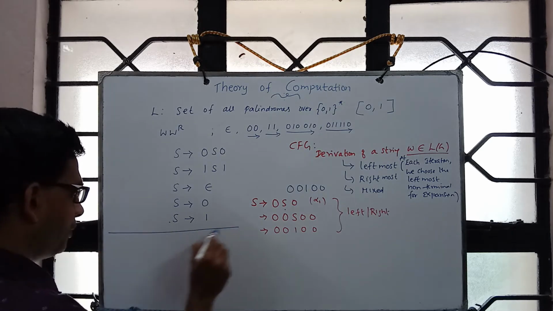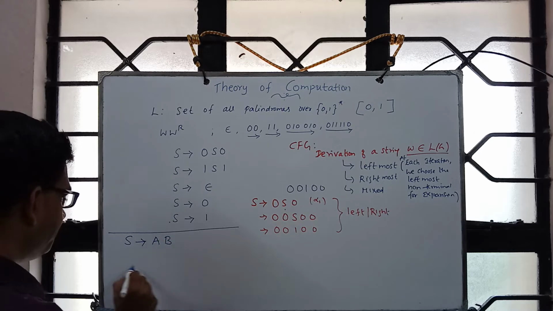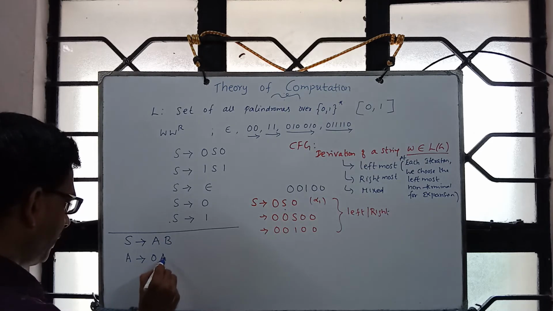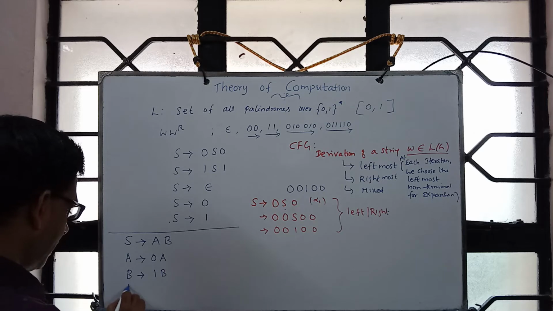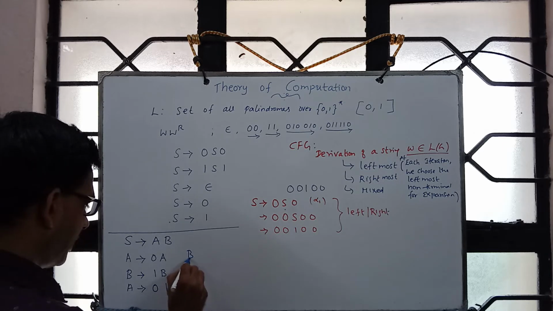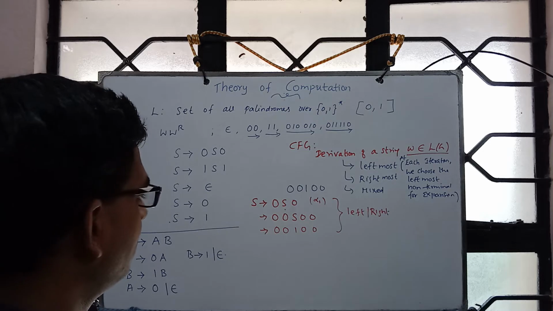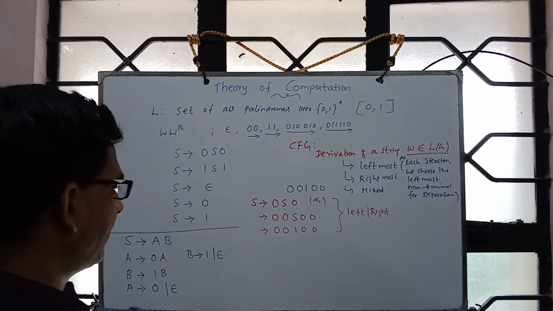Supposing you have something like this, say S implies AB, and A says 0A and B says 1B, and we also have A implies 0 or epsilon, and we also have B implies 1 or epsilon. Supposing we have a grammar like this.